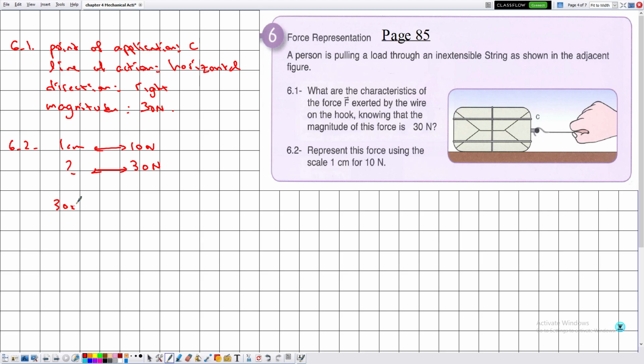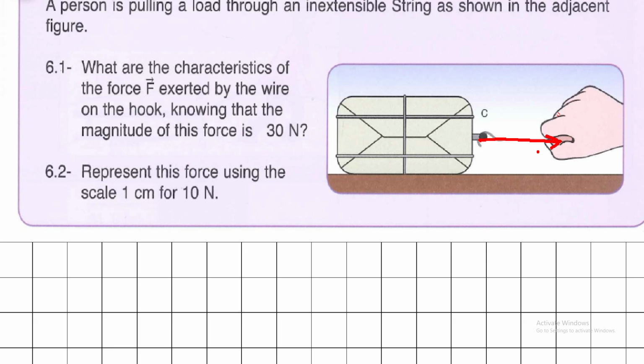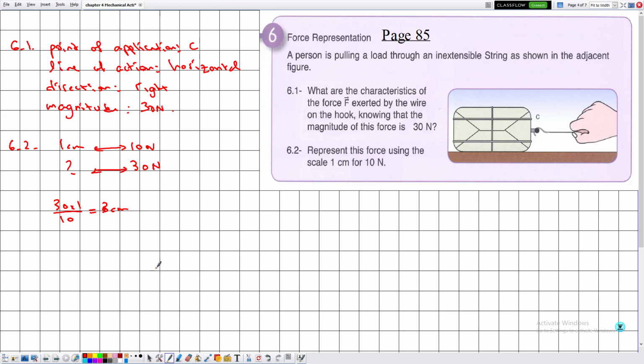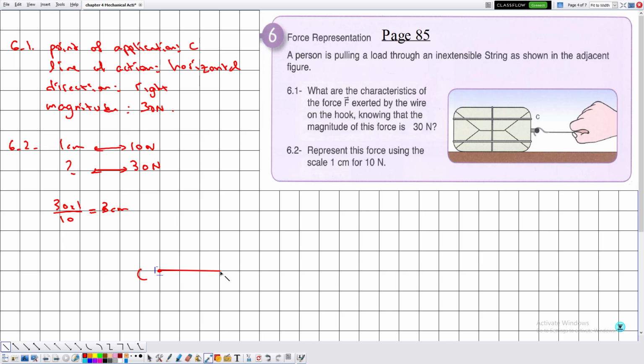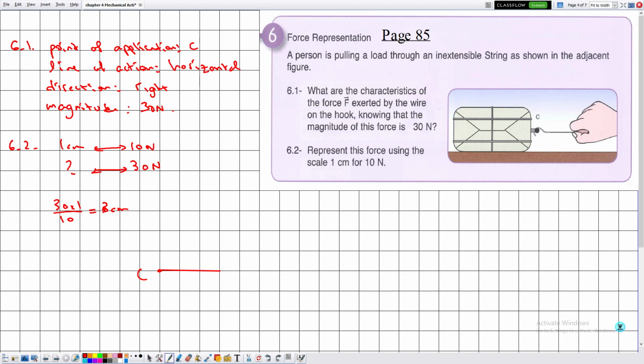Then 30 multiplied by 1 divided by 10, this is equal to 3 centimeters. So the force F will be 3 centimeters here along the string. So this is the point C. This is 3 centimeters, and of magnitude 30 newtons, okay?